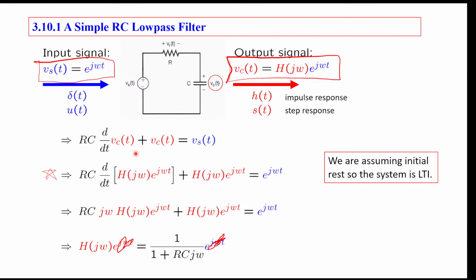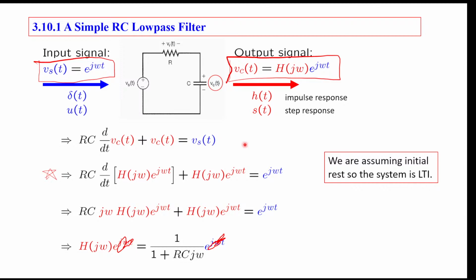This system, if you do the physics, can be described by a differential equation, and assuming initial rest, the input and output should satisfy this equation. By initial rest the system is LTI, so the output is big H times e to the j omega t.